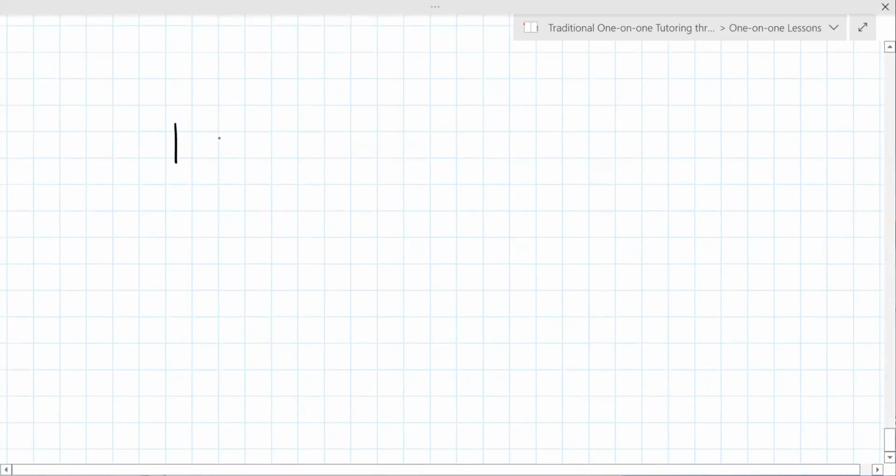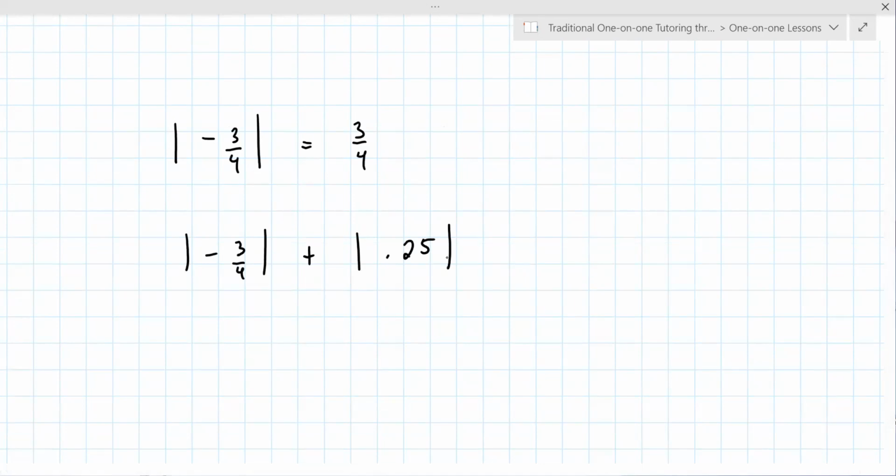What is the absolute value of -3/4? Just 3/4. What is the absolute value of -3/4 plus the absolute value of 0.25?